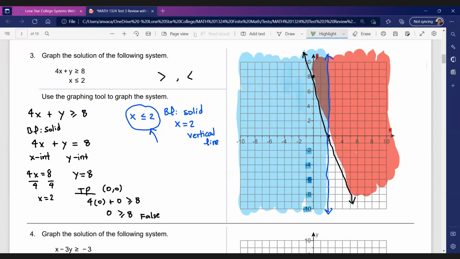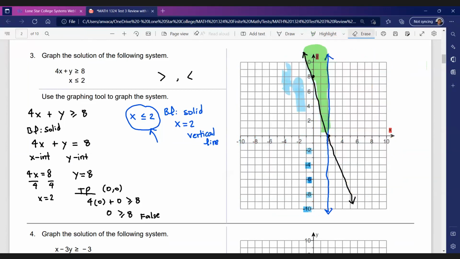This is the only part of the graph that you will actually keep. Everything else must be deleted. So we only keep the part where the two solution sets intersected.